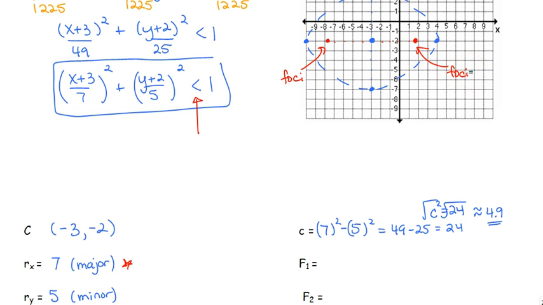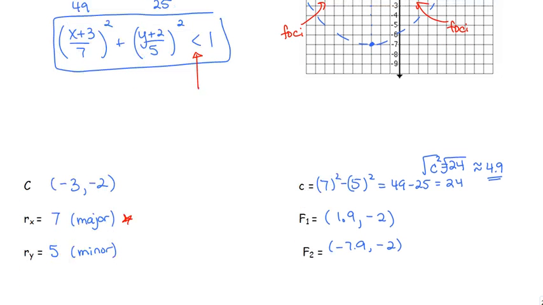The coordinates, since they were on the major axis, we went from a -3 that is at 1.9. Our y value there did not change, so it's 1.9, -2. And we go the other direction, that's a -7.9, -2. You can also find this just by taking your center, -3, -2.